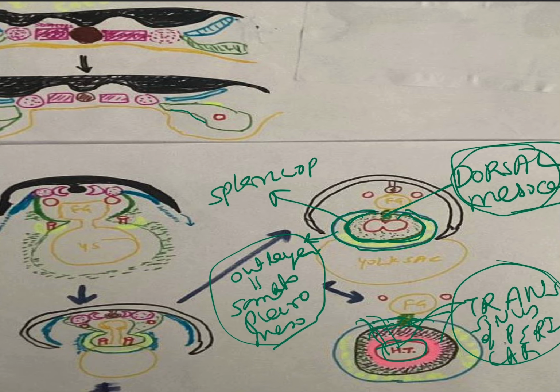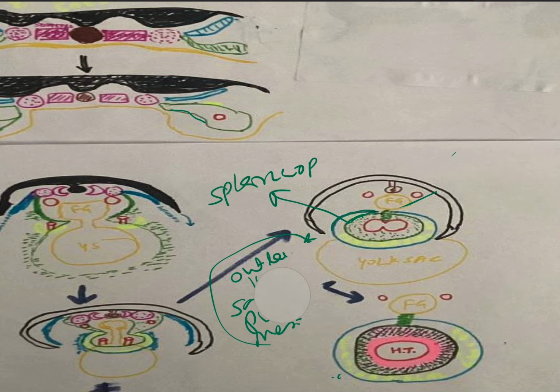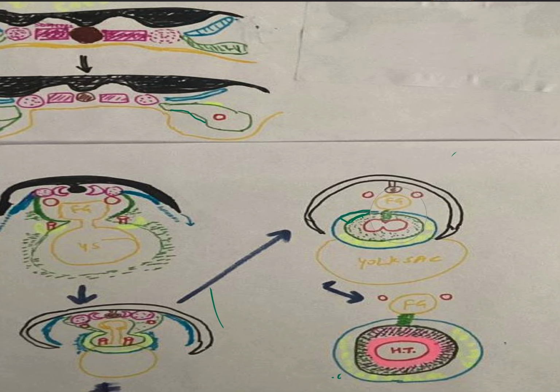Actually, the heart tube is like this. This end is the venous end and this is the arterial end. I will explain it in craniocaudal folding, that the heart tube is like this.